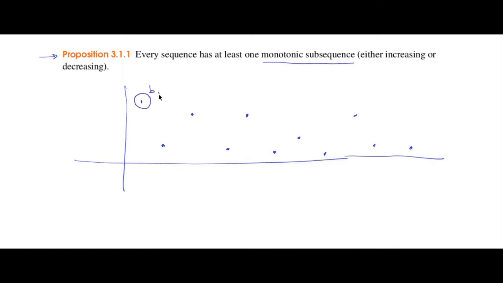This is b sub 1, this is b sub 2, then this is smaller, that's b sub 3, and we can take b sub 4, b sub 5, and then here b sub 6, and so on. It's not always possible to do it manually, but the proposition makes sure that we can always find at least one monotonic subsequence for every sequence.